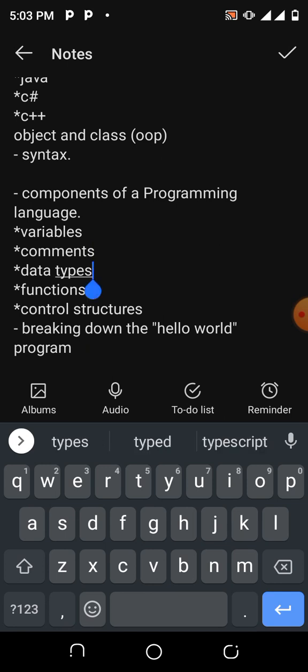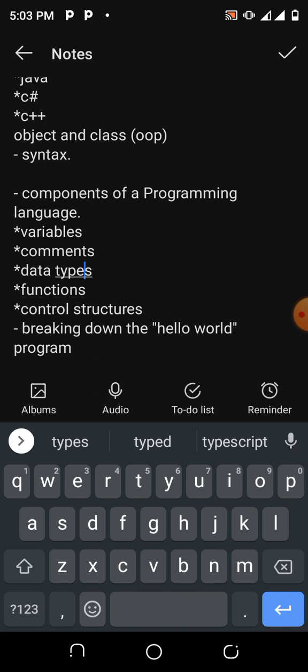In fact, these components listed below here, starting from the variables, the comments, data types, functions, and control structure, are mandatory for every programming language. Anything that is called a programming language should have these.